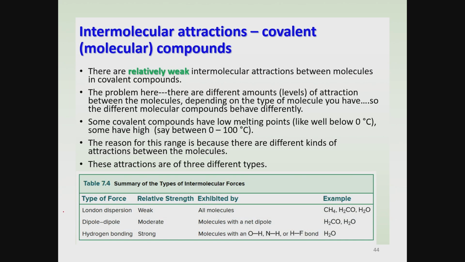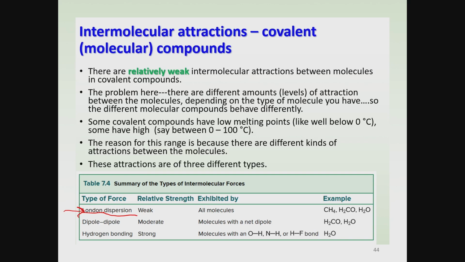The first type of attraction that can occur between covalent molecules is called a dispersion force. The book calls it a London dispersion force. London in this case is not a reference to a European city. Instead, it's a reference to a man named Fritz London who described these forces back in the 1920s.